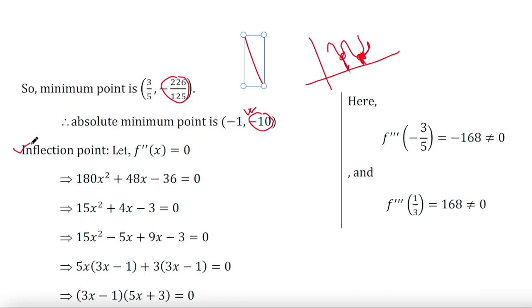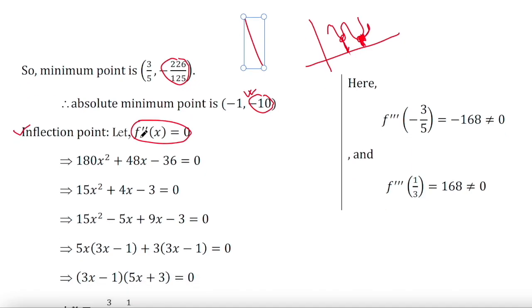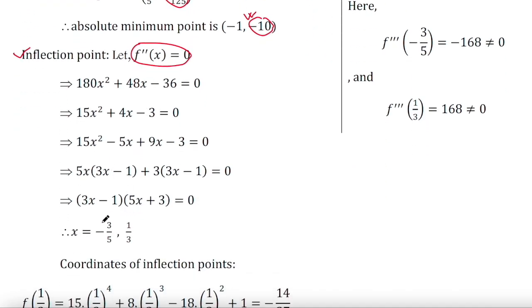Now for the IP, you need to let the second derivative equal 0 and calculate x values. There are 2 x values, and at those x values, the third derivative is not 0. You see, if you put x equal to minus 3 by 5 in the third derivative, it will be minus 168, which is not 0. And if you put 1 by 3 in the third derivative, it will be 168, which is not 0.